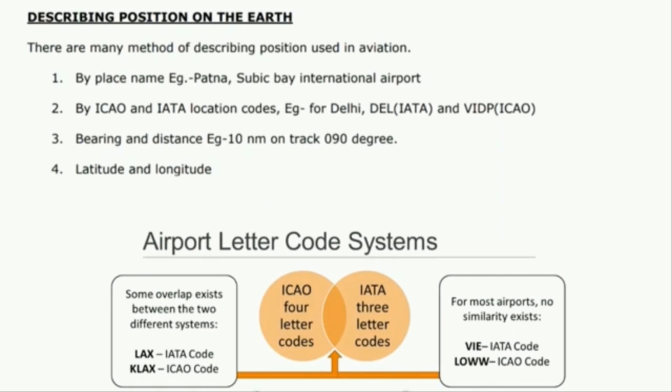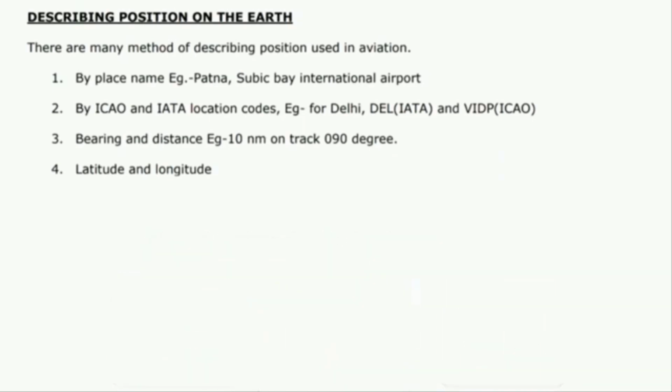Example, for Delhi, the IATA code is DEL, Delta Echo Lima, and the ICAO code is VIDP, Victor India Delta Papa. IATA means International Air Transport Association and ICAO means International Civil Aviation Organization.